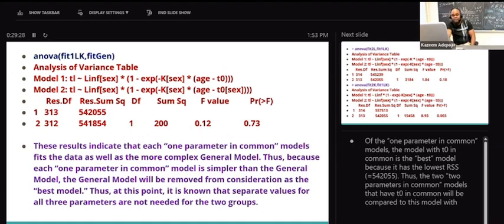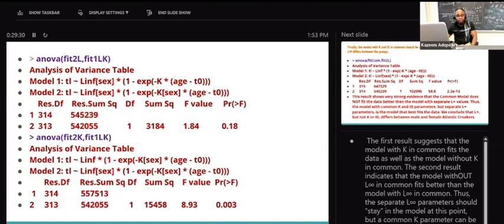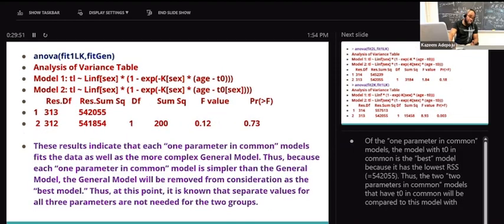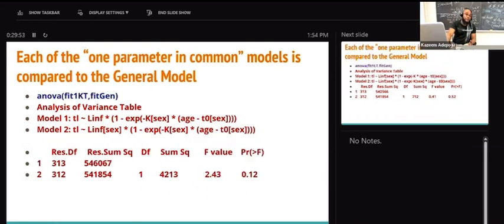Now, do you know what I want to compare now? I'm going to go to the two parameters in common. First, the one parameter in common. Why am I using LK? One parameter common LK. Let's go back. We're going to see in each of the tests the one that has a larger p-value.